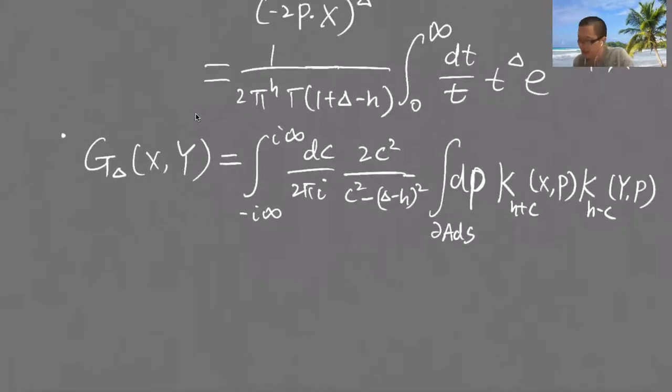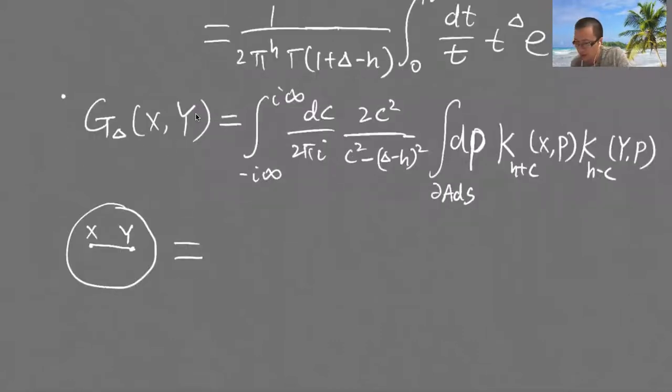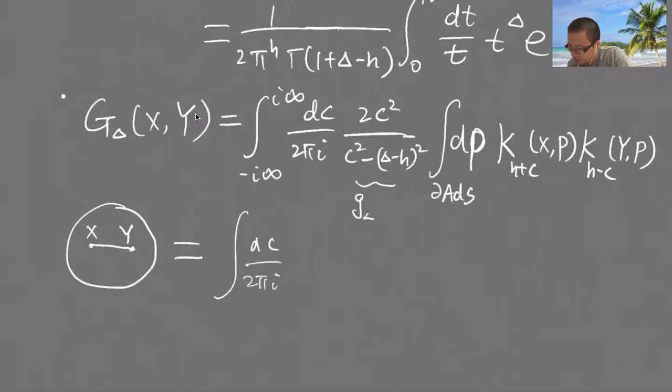So diagrammatically, we have the bulk to bulk propagator from position x and y. This is given by, as we said, integration over c. Let me call this G delta c.